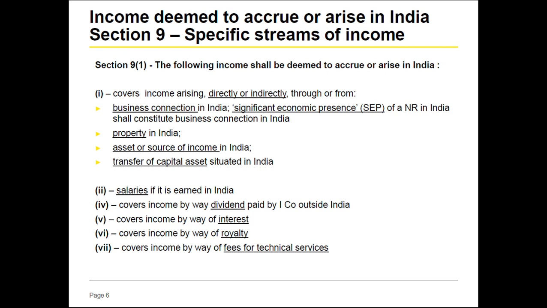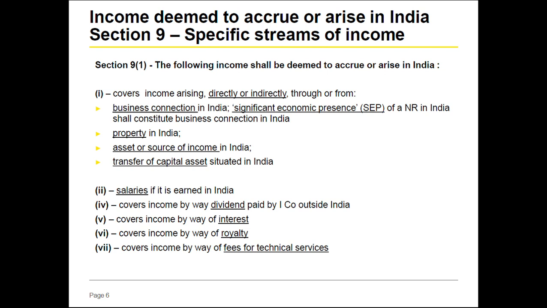Income deemed to accrue or arise in India, section 9, says the following income shall be deemed to accrue or arise in India: income arising directly or indirectly through or from a business connection. That is, the income is derived through some business connection in India. Significant economic presence means income from goods or services or from download of data or software.